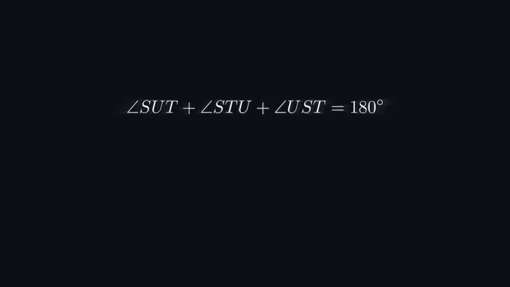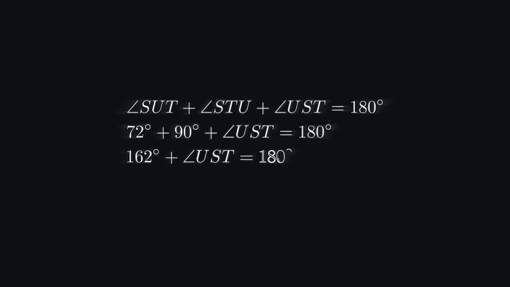Angle SUT plus angle STU plus angle UST equals 180 degrees. 72 degrees plus 90 degrees plus angle UST equals 180 degrees. 162 degrees plus angle UST equals 180 degrees. Angle UST equals 180 degrees minus 162 degrees.